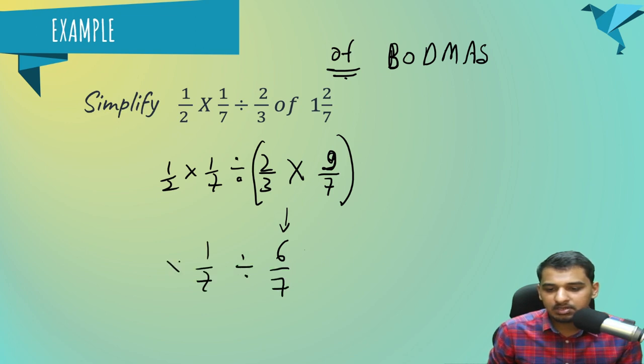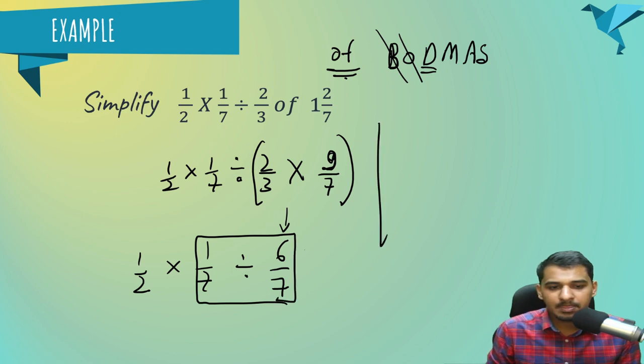1 by 7. Now we can apply BODMAS here. There are no brackets. There are no orders, but there's division. So division is this one, 1 by 7 divided by 6 by 7. So this will be nothing but 1 by 7 into 7 by 6.